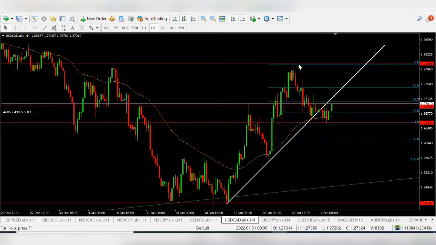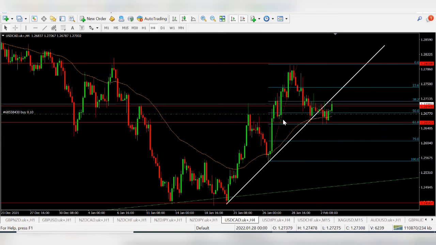Look at that. The market came and respected the 61% Fibonacci retracement level. So that's that with the 4-hour time frame.